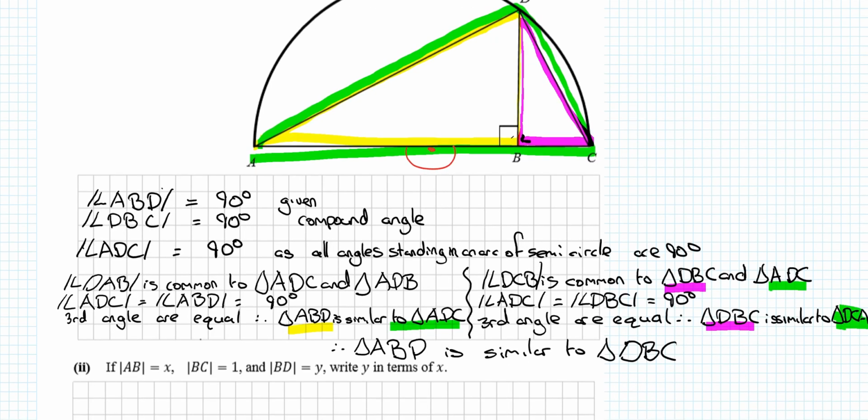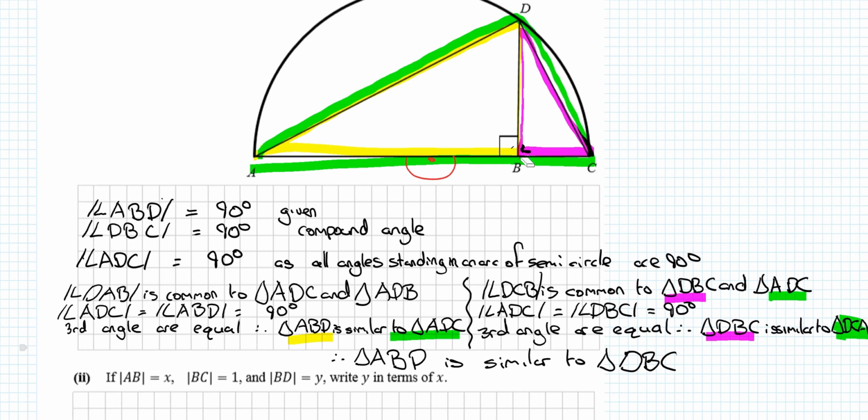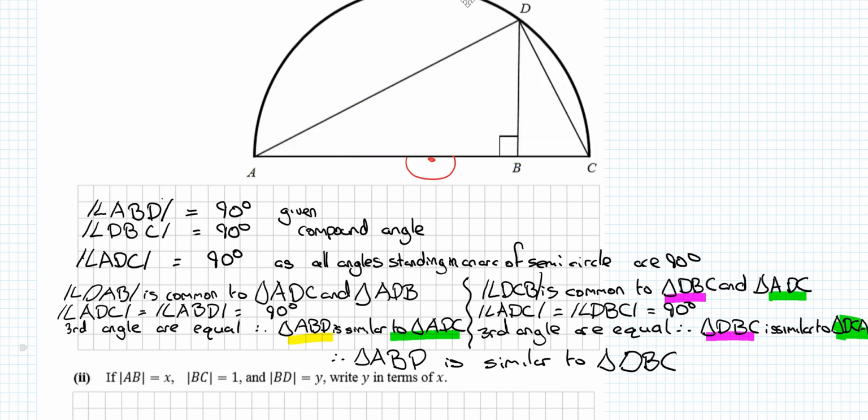If AB is equal to X, and BC is equal to 1, and BD is equal to Y, write Y in terms of X. Okay, so it might be useful to actually label the angles that we know that are equal. Those two have to be equal. 90 degrees, 90 degrees, and these two have to be equal.